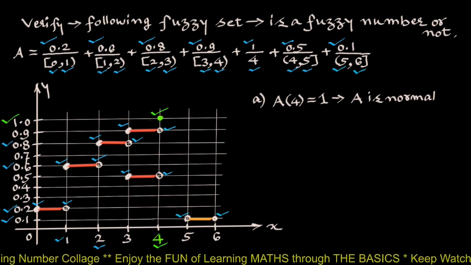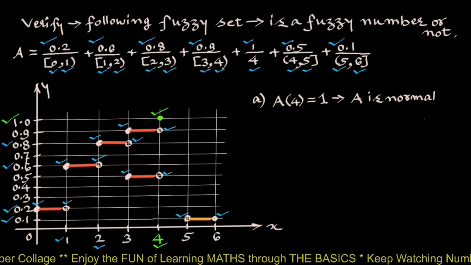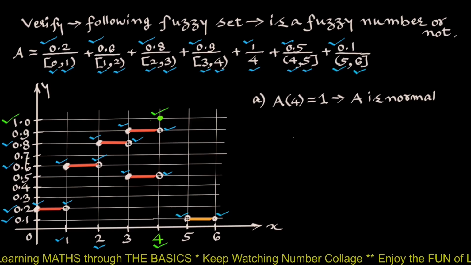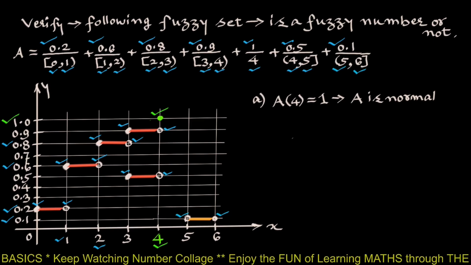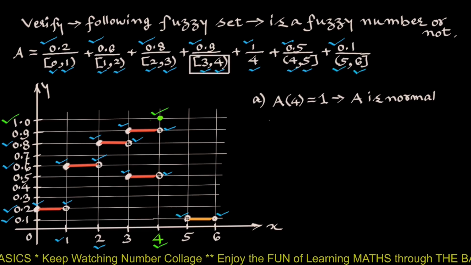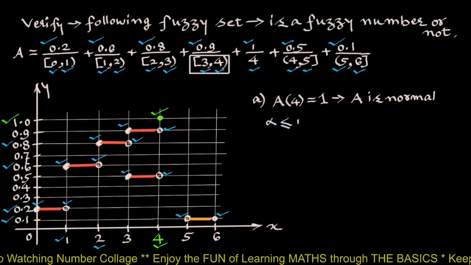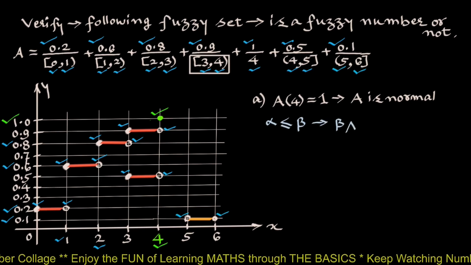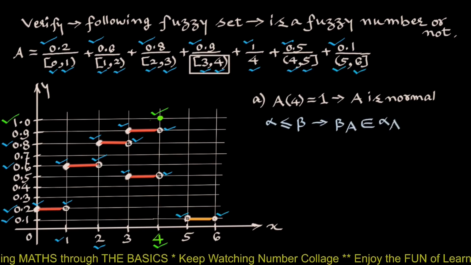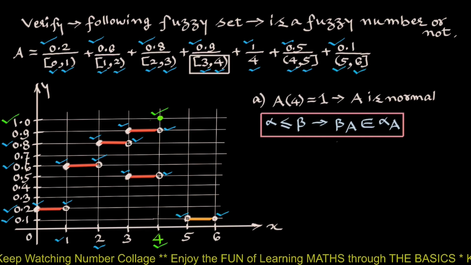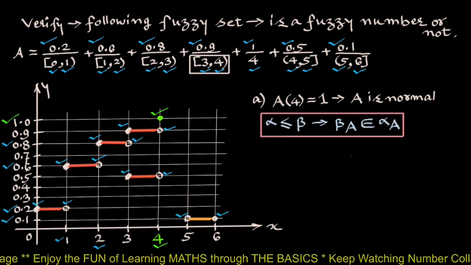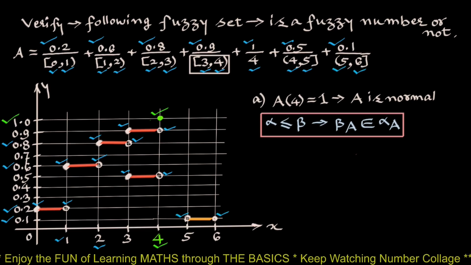But before that, let us recall one rule which we have studied in the series of fuzzy set part 1, that for a given fuzzy set, if membership grade alpha is less than or equal to beta, then beta cut A belongs to alpha cut A.